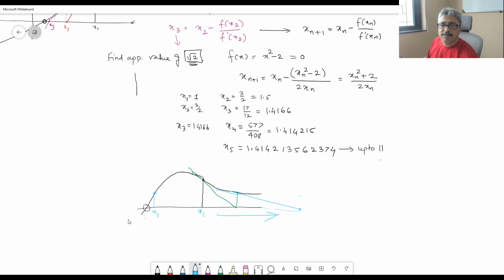So when selecting x1, if these calculations are easy, if you know the formula to find the next value of x, then you can always try a different value. Another case where it can fail is if the graph is like this.